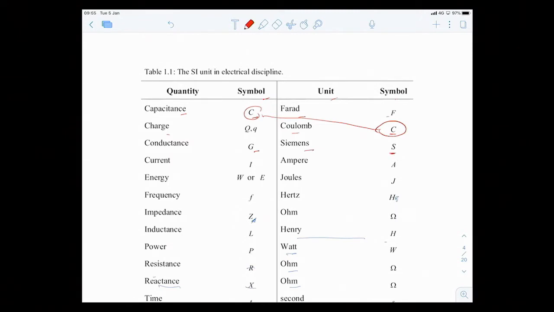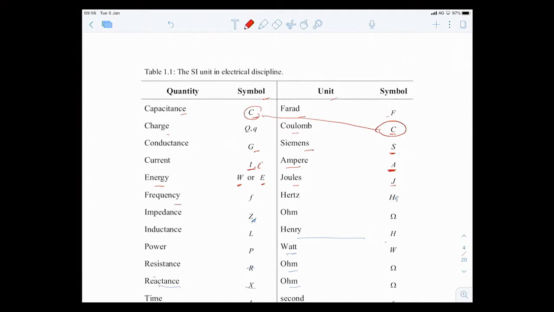Current, of course, I hope that you know by now. It's I, could be capital I or small i, and the unit is ampere, capital A. Energy: certain books use W, and certain others use E as energy, and the unit is joules, J as the symbol of joules.